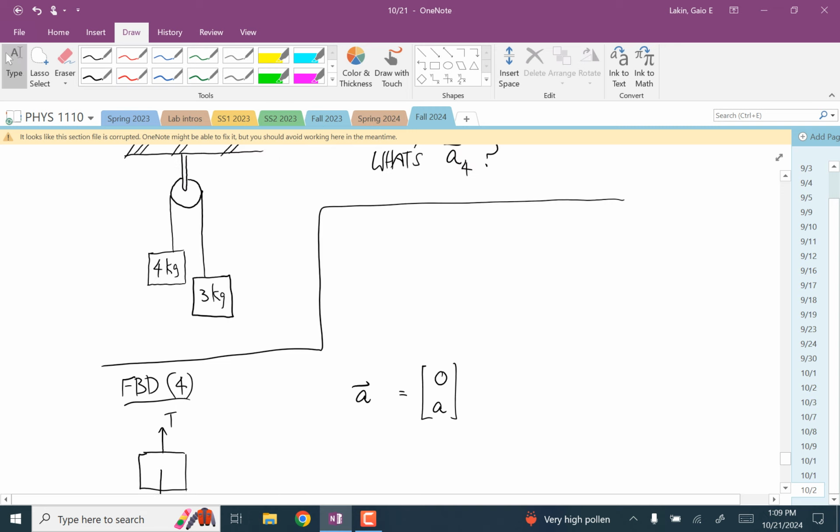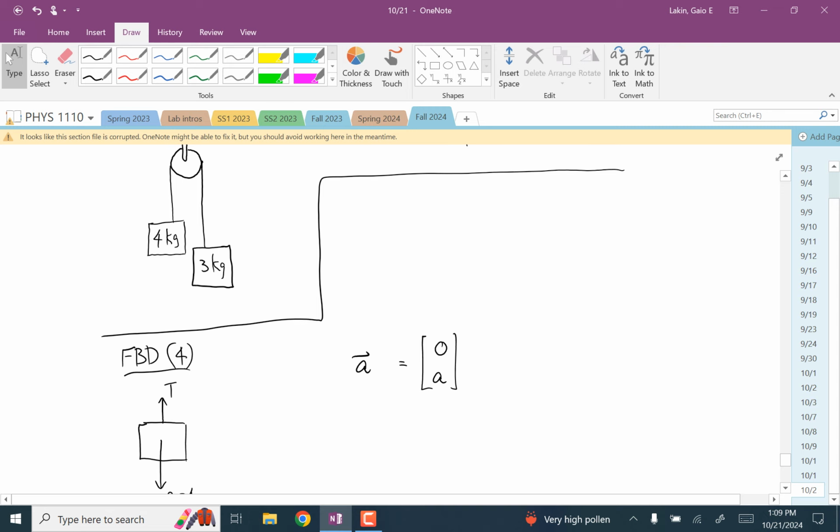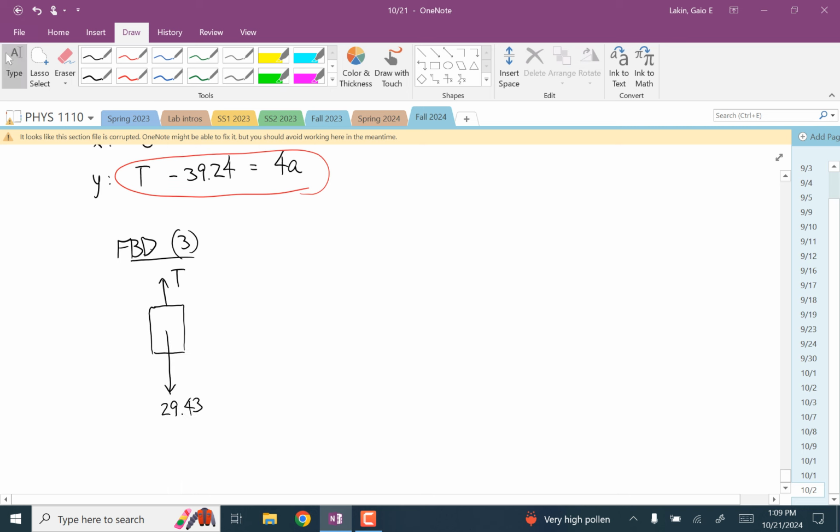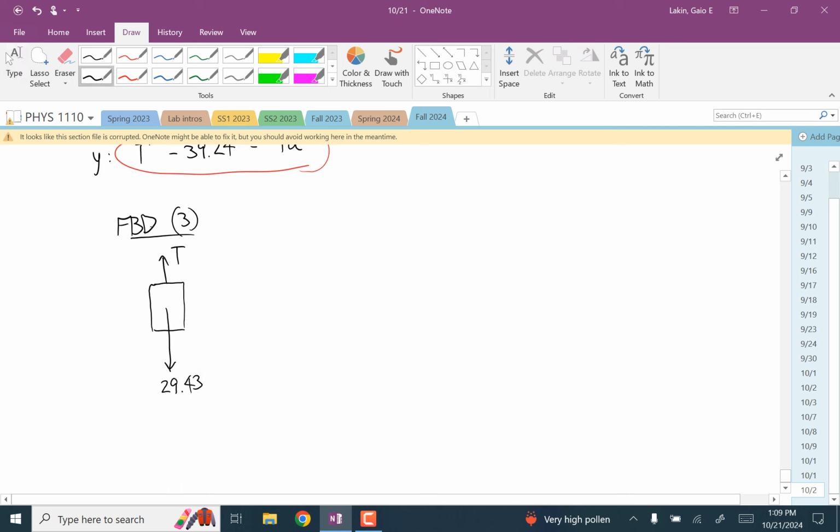And notice that's not the direction this system is going to be moving. But normally you don't know that right off the bat, so you just have to follow the steps. Okay, so if the 4 kilogram moved an inch up, which way would the 3 kilogram move? Yep, an inch down. And so the acceleration vector here is 0, negative a.